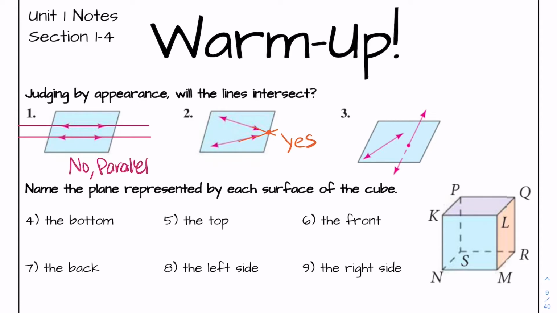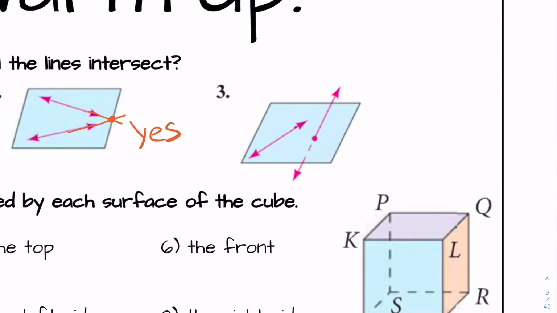Okay. And then this one, it does look like they intersect, but think about that desk for a second, okay? Think about you have a pencil on the desk and it's pointing in a direction, and then you have maybe a hole in the desk where you were able to actually put thread through, and it is in no way going to interfere with that pencil.